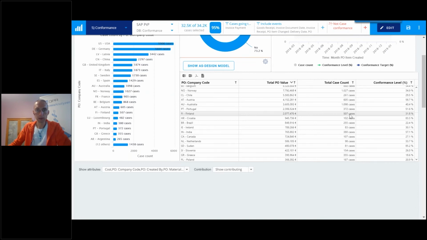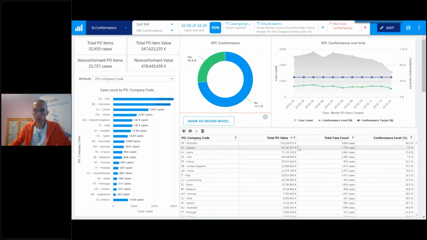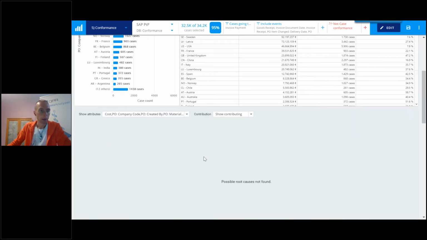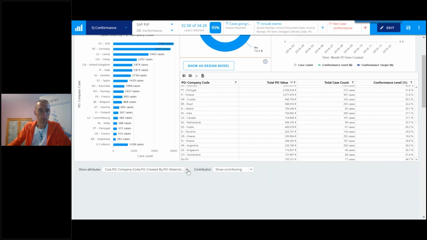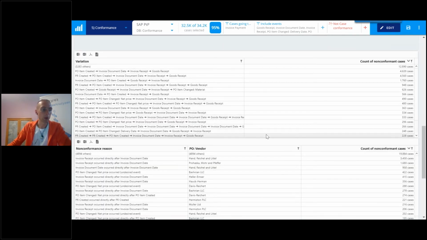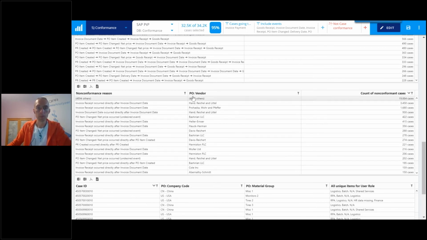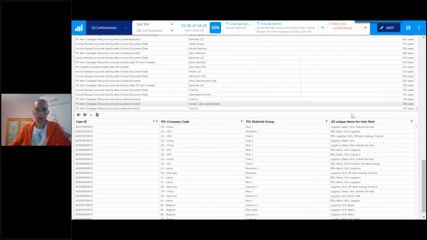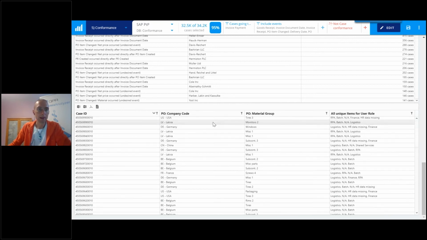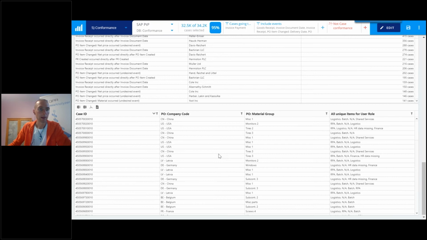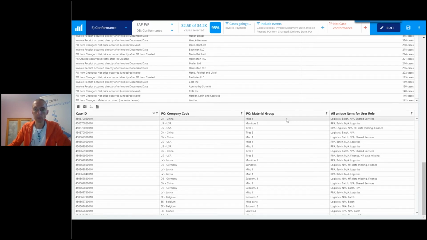We also see the total purchase order value over here, and then we have the root cause analysis settings, like what are the variations that are causing the problems, what are the non-conformancy reasons that are failing, why the process doesn't go as it should, and we can have this detailed level of analysis of individual cases, like this individual case from this company, from this material group is failing this conformance analysis.